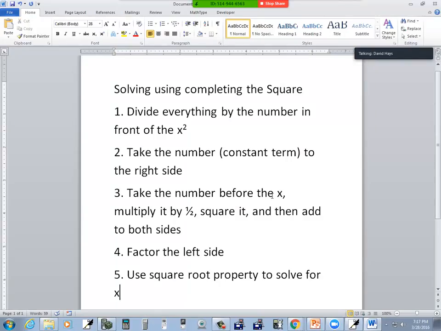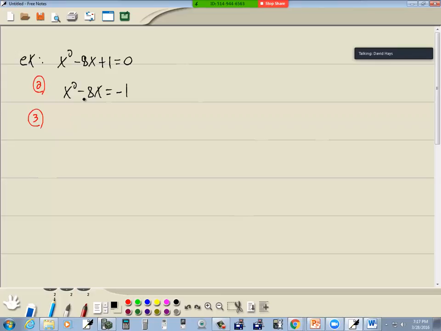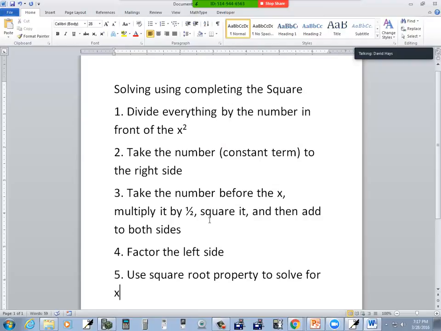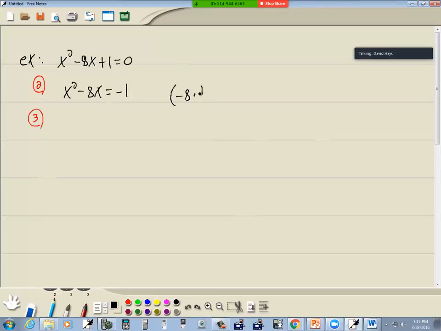Step 3, take the number before the x. The number in front of our x is a negative 8. You do this over on the side. Take the number before the x, multiply by half, square it, and then add to both sides. It's always times a half, and it's always squared. The only thing that changes is whatever number's in front of your x.